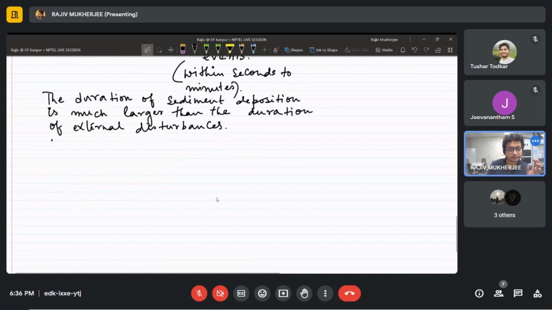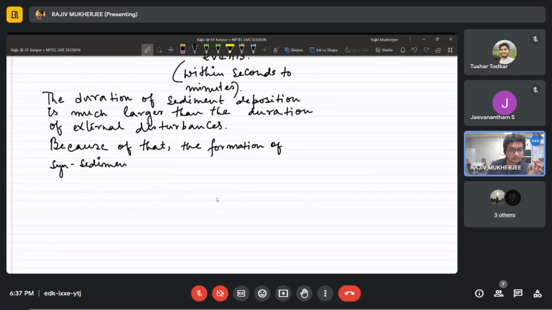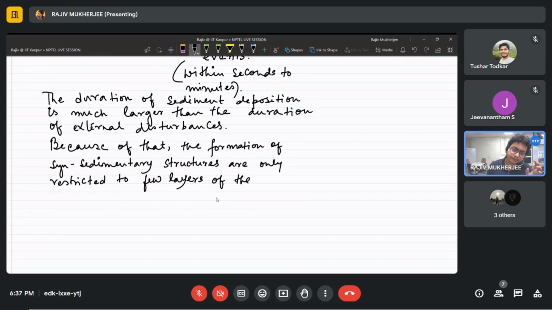Because of that, the formation of syn-sedimentary structures are only restricted to few layers of the sediments locally.